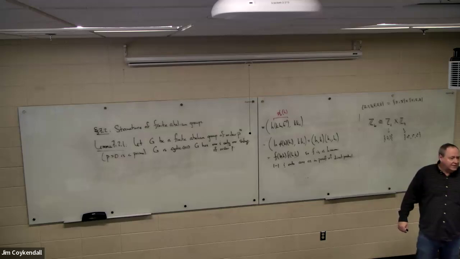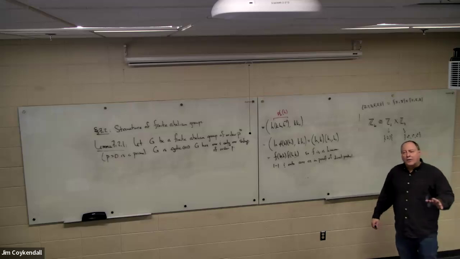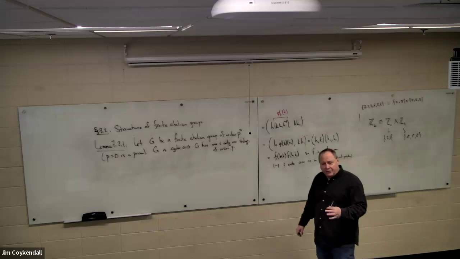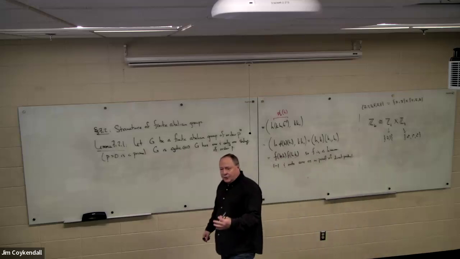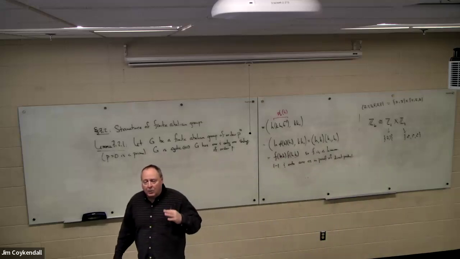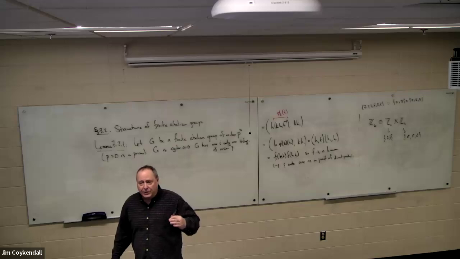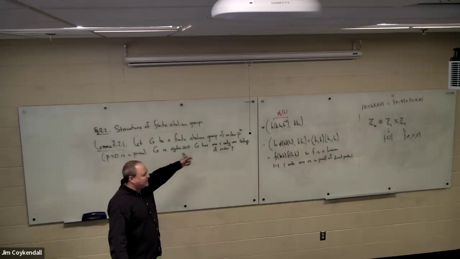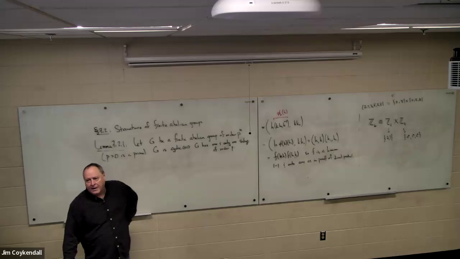If G is cyclic, then there's only one of these subgroups. We already know that, right? Because one of the things we know from our classification of cyclic groups is if you're cyclic, then there's one and only one subgroup for every divisor of the order of that group. So if it's cyclic, then there has to be only one of them, right?